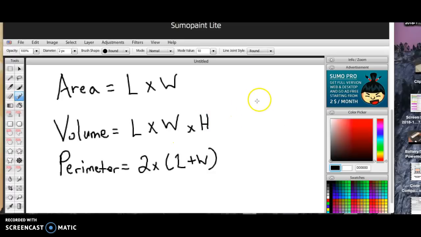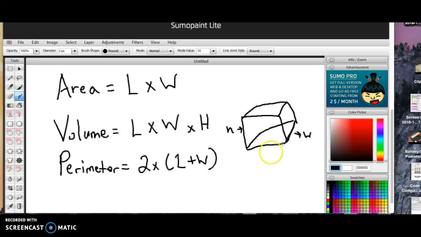Also remember, if I have a cube, how do we identify the length, width, and height? The height is always how tall it is, so that's this side here. The width is how wide it is, and that's this side here. And how long it is is the length, which is right here.